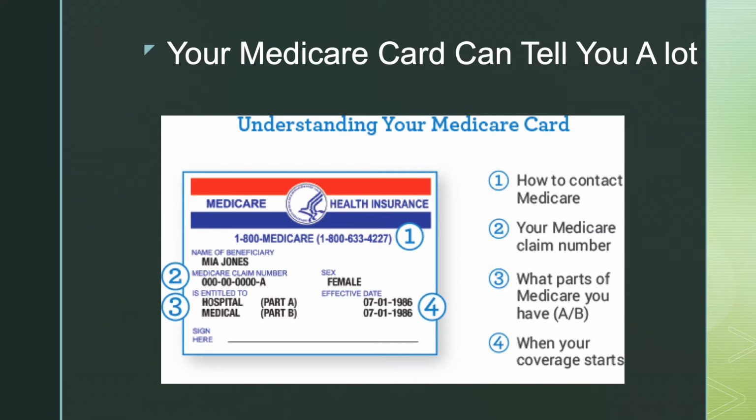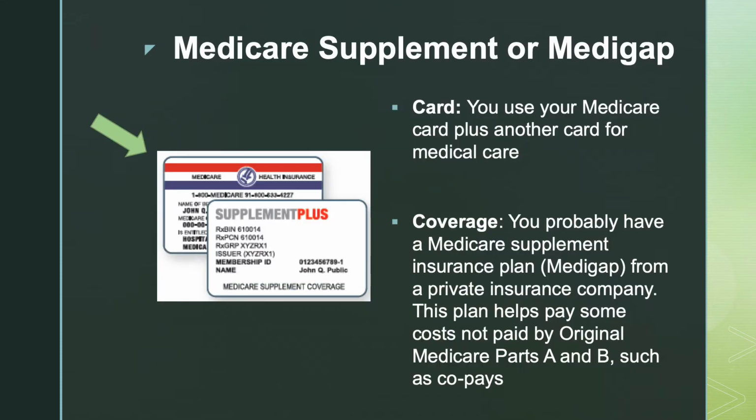You can also see in number 3 whether you're enrolled in Part A or Part B of Medicare, and number 4 gives you the effective date of your coverage. This is a handy way to get some good information. If someone asks you if you're enrolled in Part A or B, you can simply show them your Medicare card.